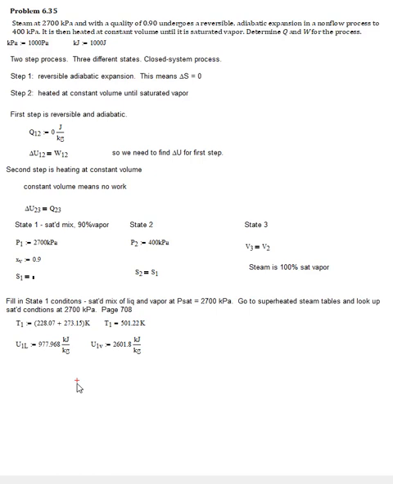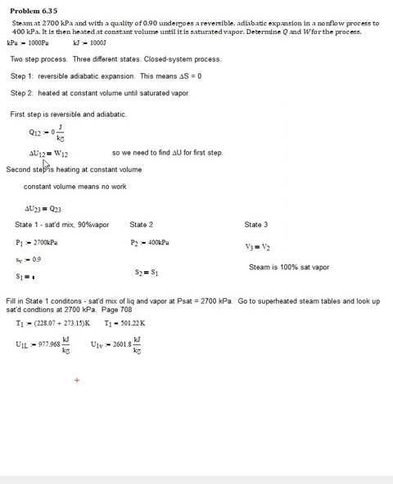And so you can go to the steam tables and look up all the other information. Remember, what we really need to find for state 1 and state 2 is the internal energy at both of these states so that we can calculate the change in internal energy and the work.